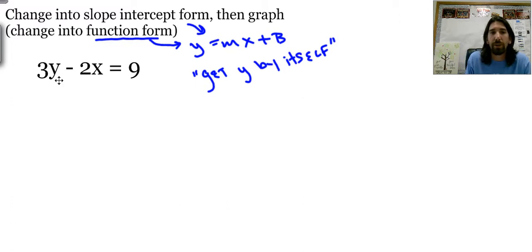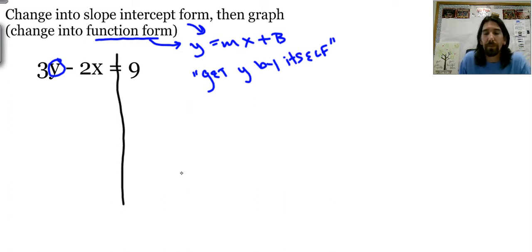So over here, we're trying to get y by itself. So this actually goes back to our Unit 1 material. How do you get y by itself? Let's get rid of the negative 2x. You get rid of negative 2x by adding 2x to both sides.